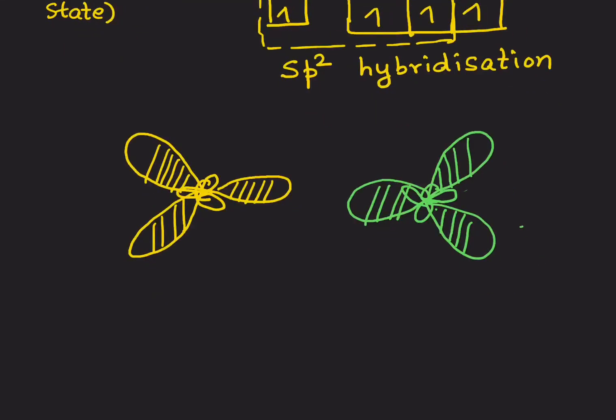Promise, you'll be able to teach it to your friend. It is going to become that simple. So, where we have the unpaired electron, unpaired electron, unpaired electron, and here we have the unpaired electron, the unpaired electron, and the unpaired electron. Okay, we've got these two houses in place.